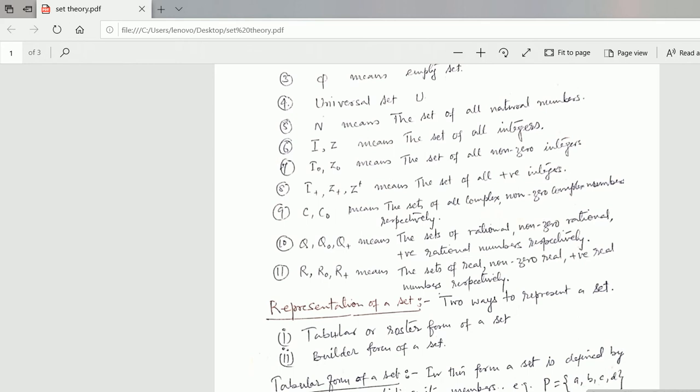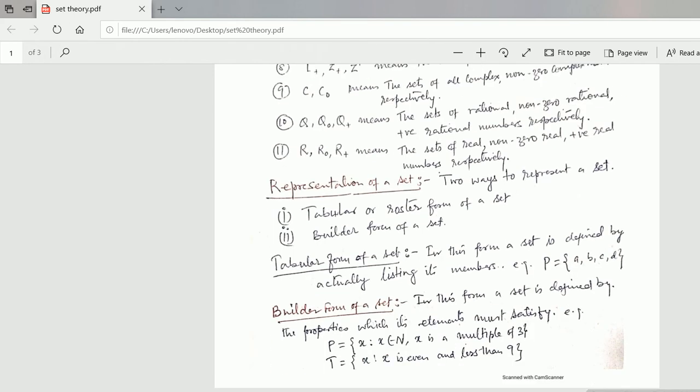If it is written I plus or Z plus, it means the set of all positive integers. C and C naught mean the sets of all complex and non-zero complex numbers respectively. Q, Q naught, Q plus mean the sets of rational, non-zero rational, and positive rational numbers respectively.